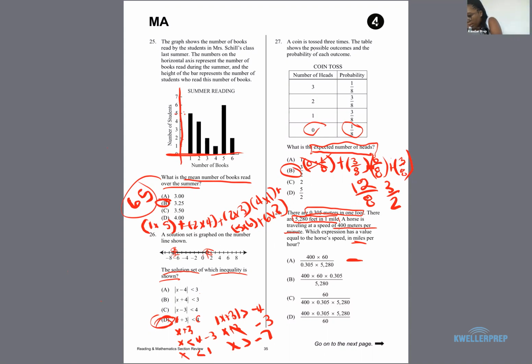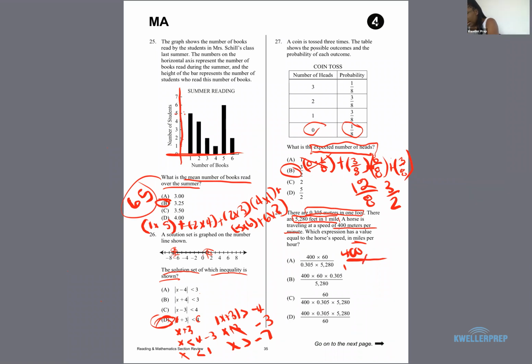And in order to ensure that the time value stays in the denominator so you can have hours in the end, you need to start with that, and you need to make sure that it starts on the bottom. So 400 meters per minute. You have 400 on the top because the distance can be turned into miles, and the minutes can be turned into hours. So you start with 400 on the numerator, and you have your 1 minute on the bottom.